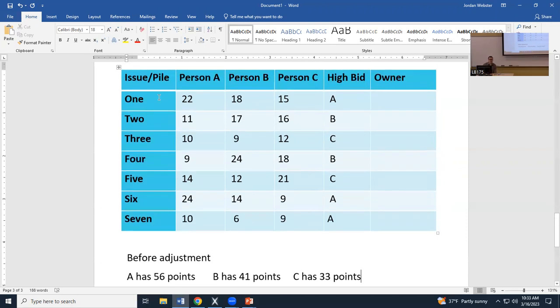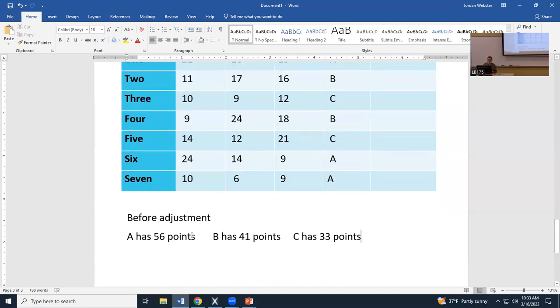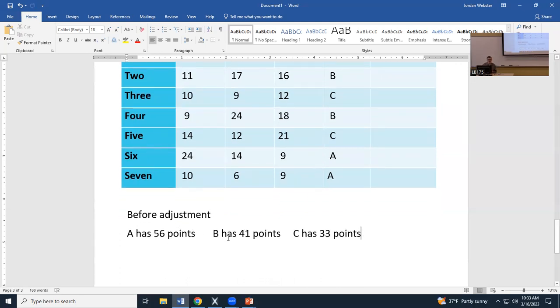The more piles, the easier it's going to be to balance, because you can shift things around more. But what you'll notice is that A has a lot more than B, and B has a lot more than C. So we'd like to boost C's points, and we'd like to lower A's points to get somewhere in the 40s. Does that make sense? Boost C to somewhere in the 40s and lower A to somewhere in the 40s.